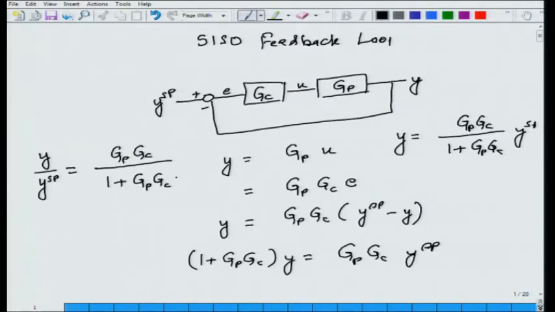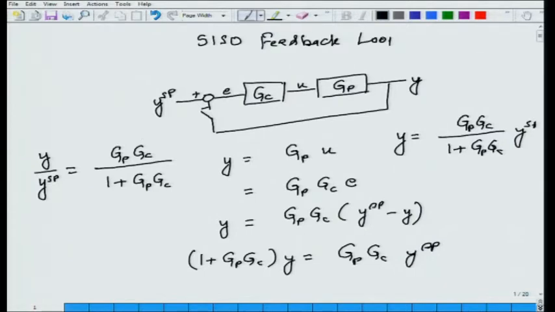And if you look at it carefully, if the feedback loop was not on, that means if this loop was broken, that is a switch there which is not connected, so the feedback loop is off, then the change in y with respect to a change in y set point is actually Gc Gp, right.